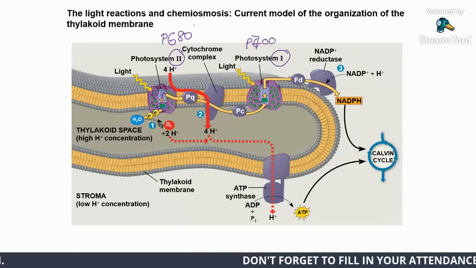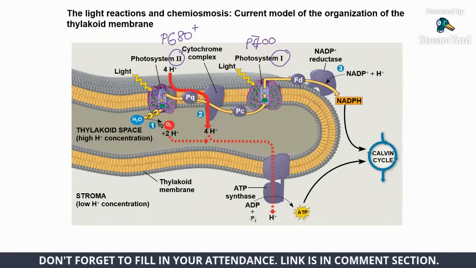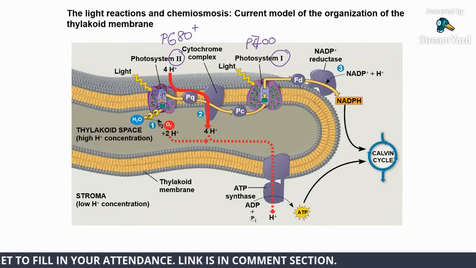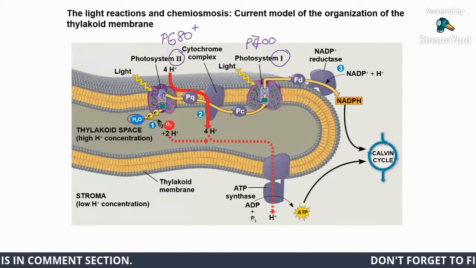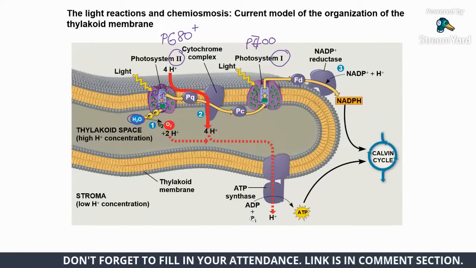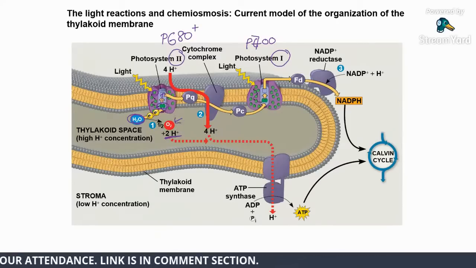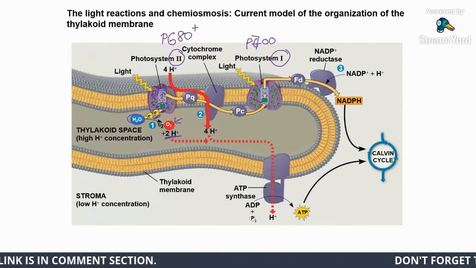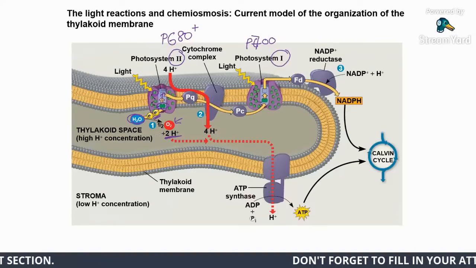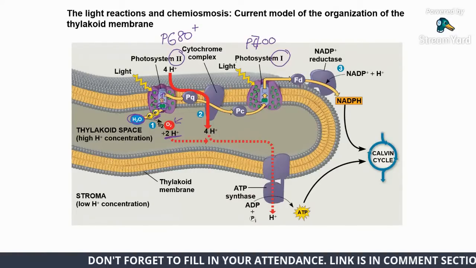So P680 then becomes P680 plus. Right, as it becomes P680 plus, it is a strong oxidizing agent. Right, so H2O will split. As H2O splits, it will form 2H plus, 1 oxygen atom and 2 electrons. And these 2 electrons will be donated to the P680 plus one by one.